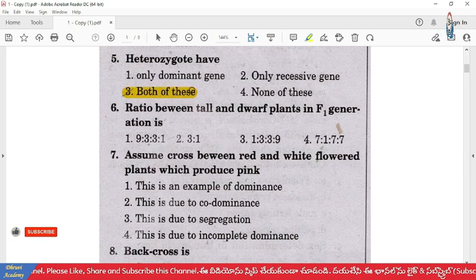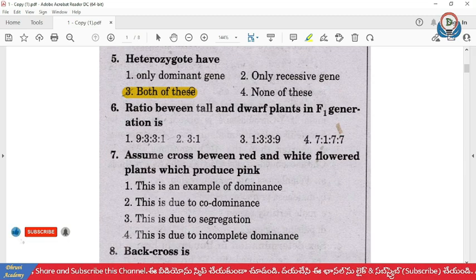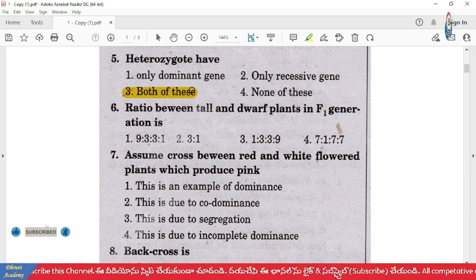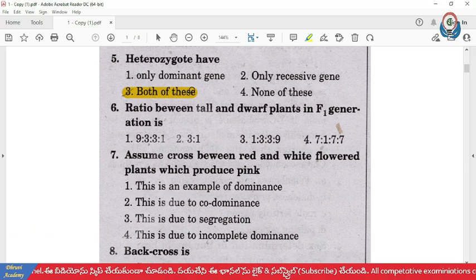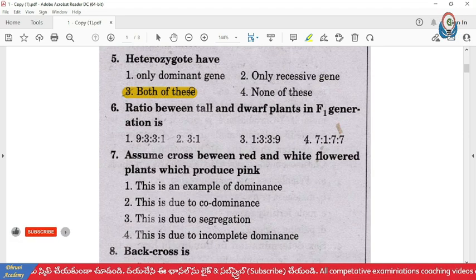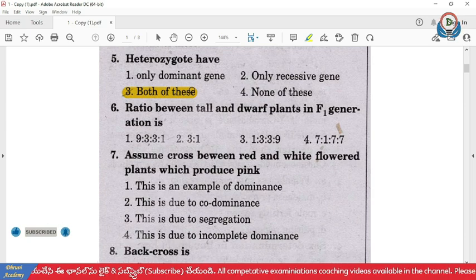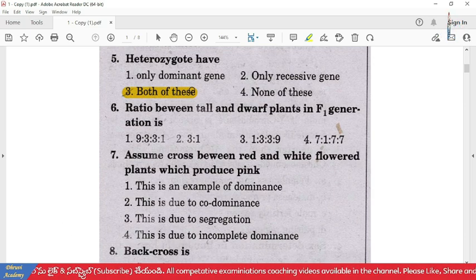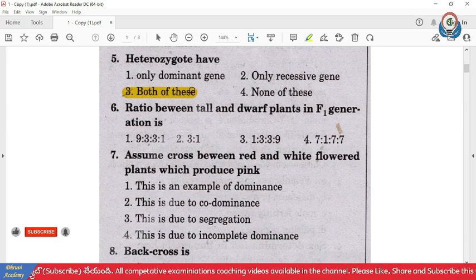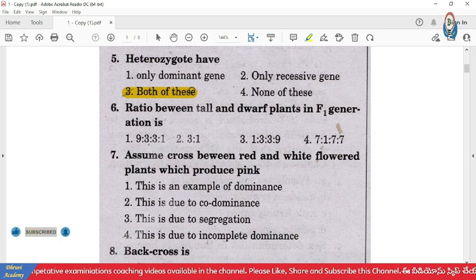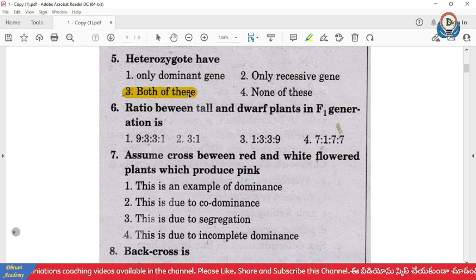A heterozygote has two different alleles at a particular gene, one dominant gene and one recessive gene. The answer is both.